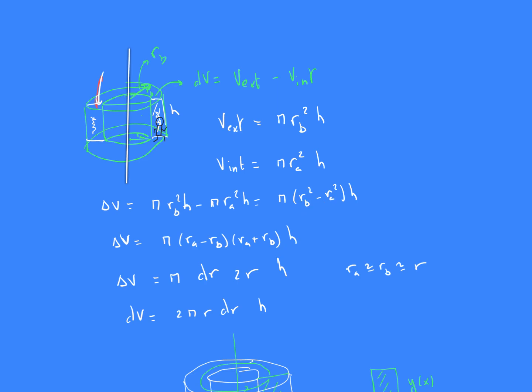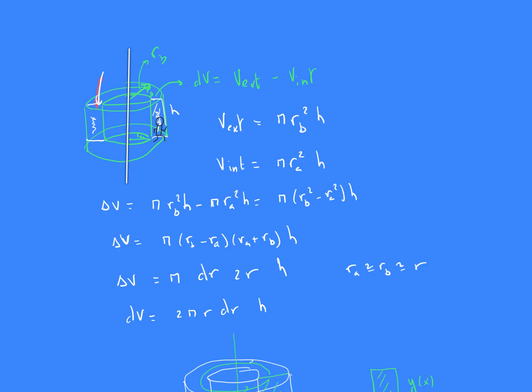But the difference of squares, a squared minus b squared, is a minus b multiplied by a plus b. So I will write RB squared minus RA squared as RB minus RA multiplied by RB plus RA.